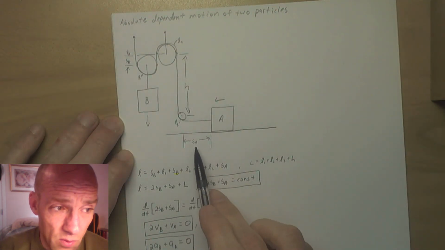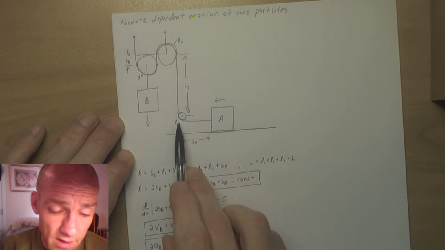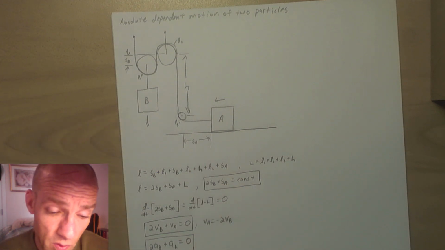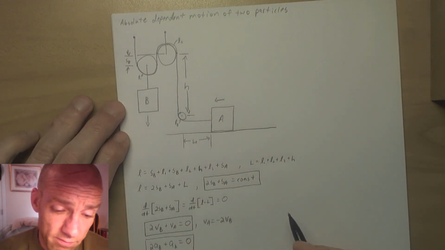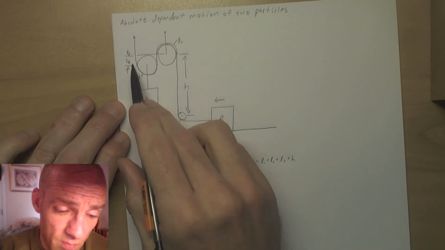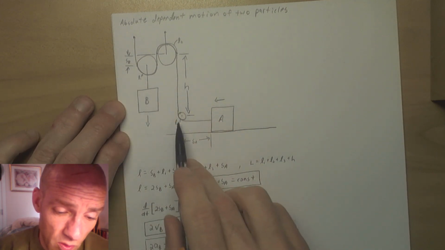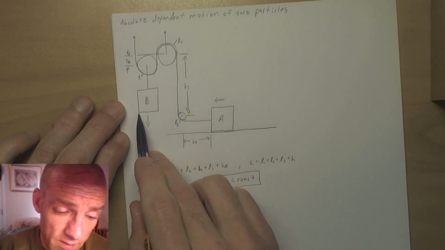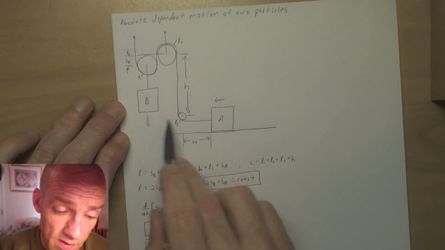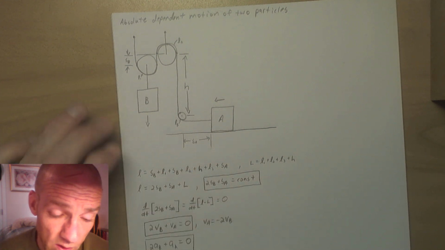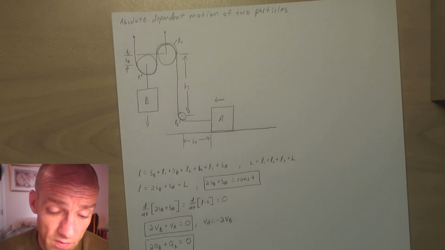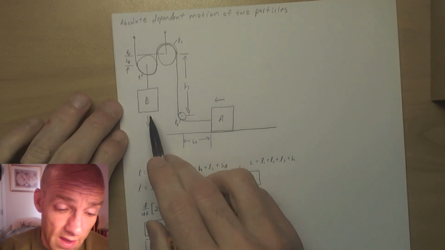And we chose SA to be measured from this point to here. But those choices are somewhat arbitrary. We just need a fixed point with which to measure the motion. We could have chosen this point to be the origin for the motion of block B as well, and we would get a different set of equations, but ultimately the answer would be the same.